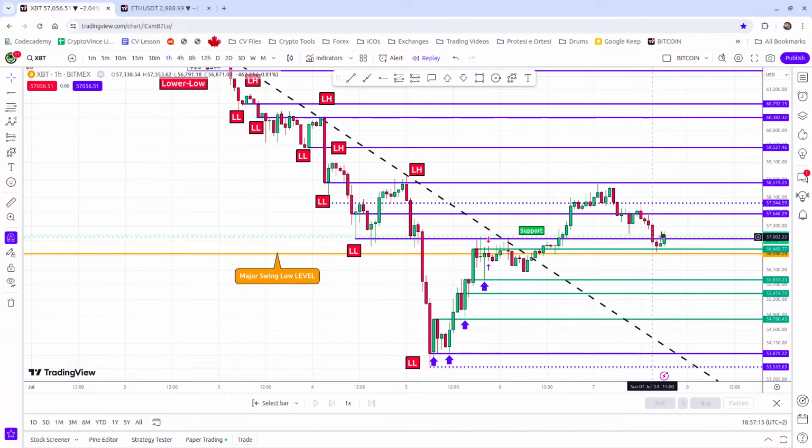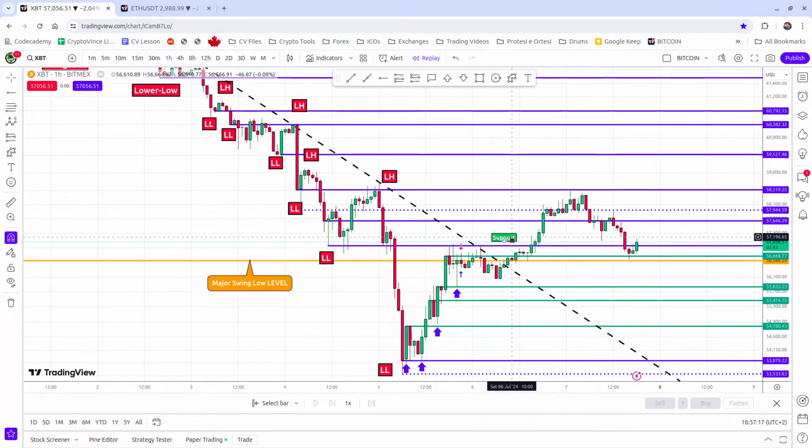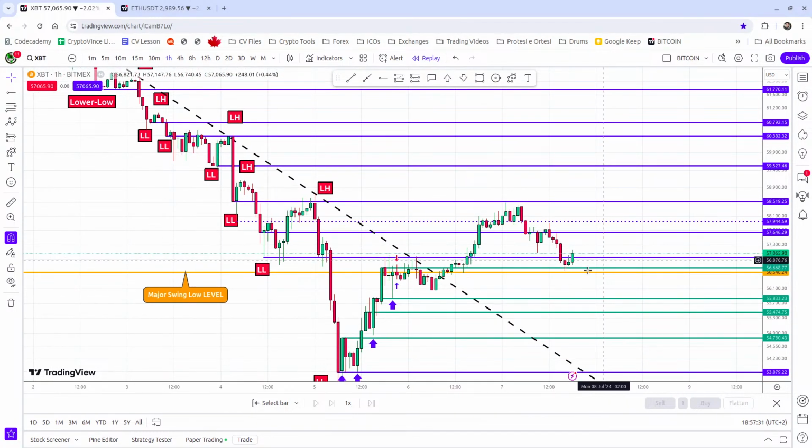It didn't act as a support at this point. The price dropped all the way down to the swing high of this little uptrend idea. So it still could be a retest, to be honest. And if you notice, I left the major swing level as a big major level for me to watch, and price reacted back to that level.